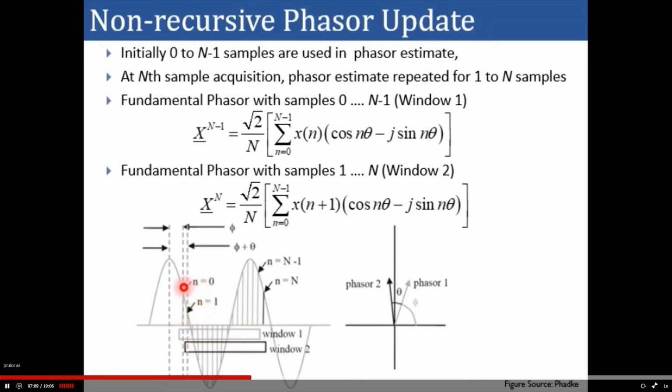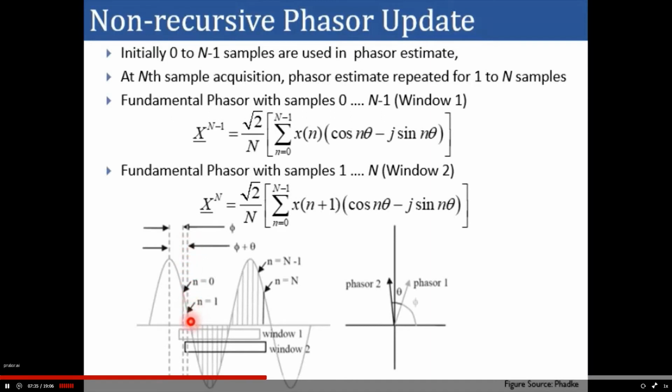Let's say that at this point the 1 pps signal is coinciding. So with respect to the standard waveform, this sample, that is n equal to 0, has a phase angle difference, say phi, and theta is the sampling angle.